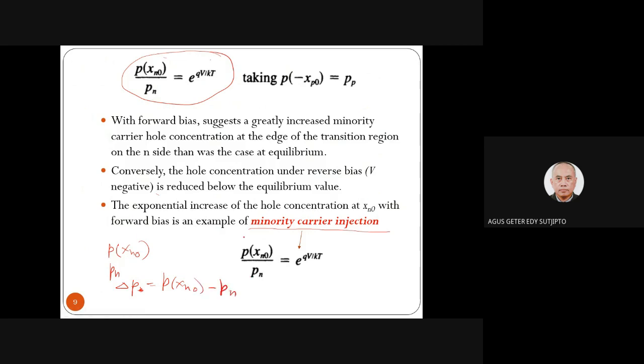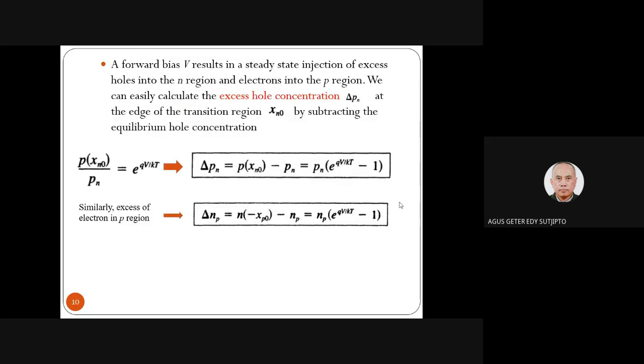This is the minority carrier injection, of positive carriers from the P to the N, or negative carriers from the N to the P. And then delta Pn is the excess hole concentration, P at xn0 minus Pn, and then we can get this one.